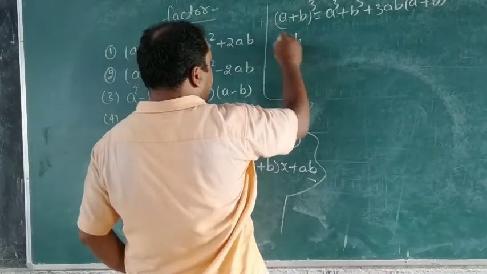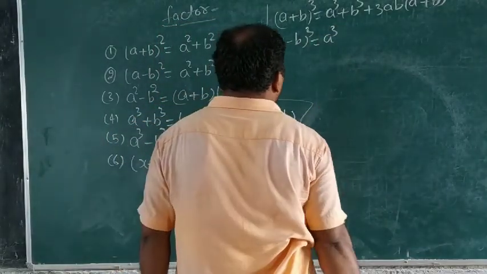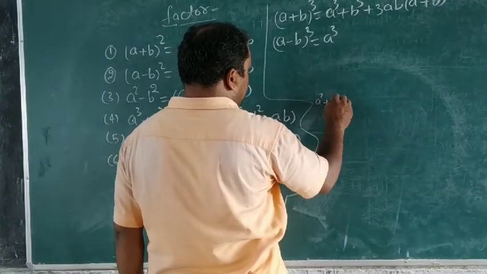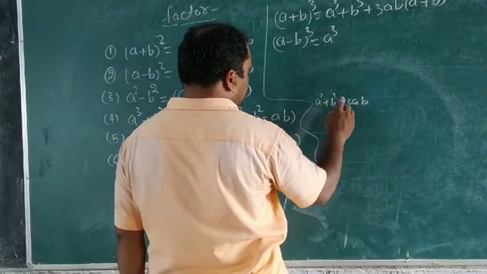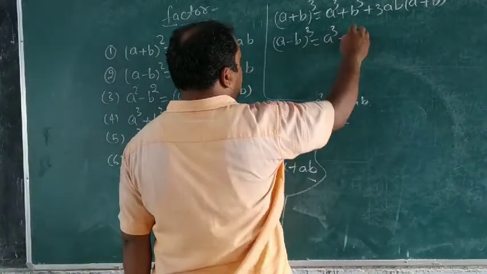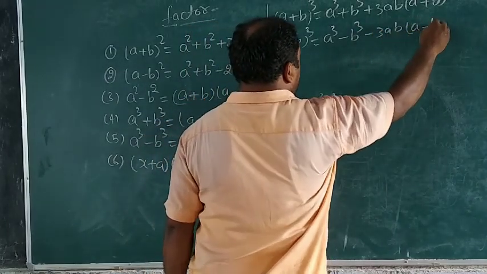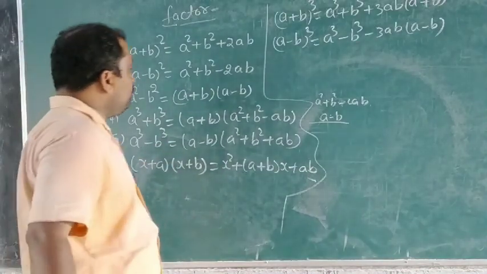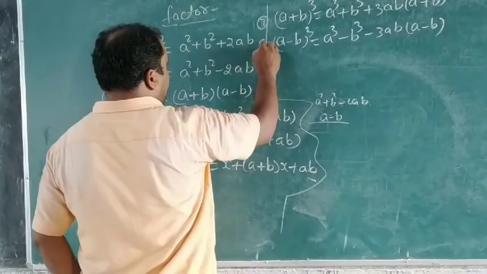And a minus b का whole cube बराबर a cube minus b cube minus 3ab into a minus b. This is the basic formula of the factors 7 and 8.